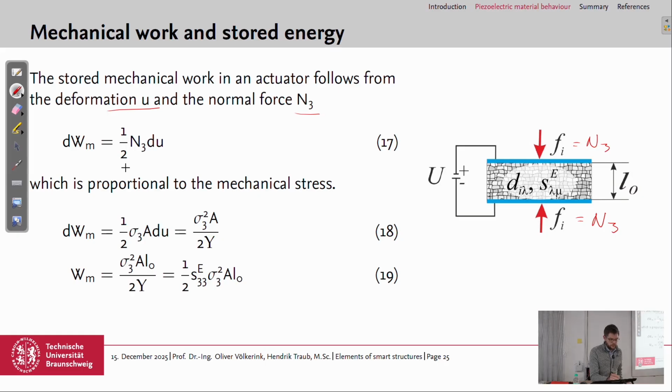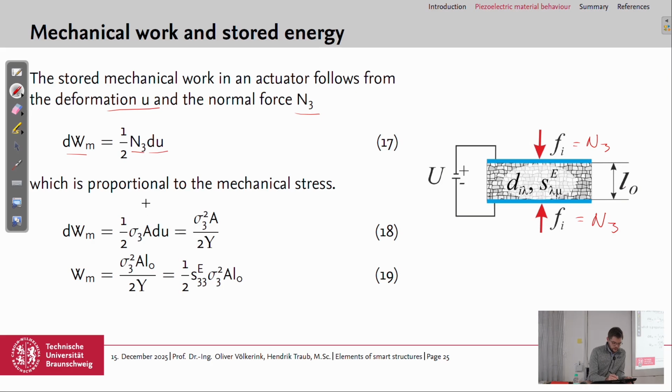So 1 divided by 2 times N3 times du gives us dWm, the change in stored mechanical work.